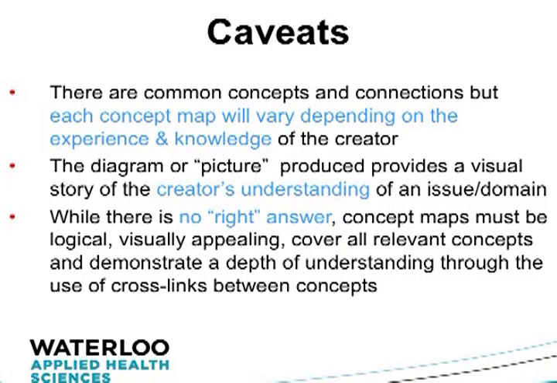So I actually use them as a learning tool, and I did use them as an evaluation tool. That's the reason why this is called brickbats and bouquets. I want you to see the good, the bad, and the ugly of these things. And they tend to relate back to the fact that there is no right answer. So as a result, they're time consuming. But what it does do is create this wonderful visual display of a piece of knowledge.